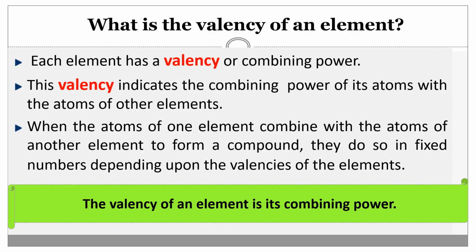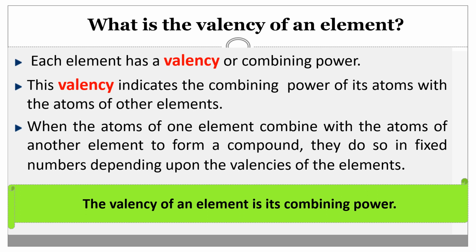So students, what can we say about the valency of an element? Each element has a valency or combining power. This valency indicates the combining power of its atoms with the atoms of other elements.